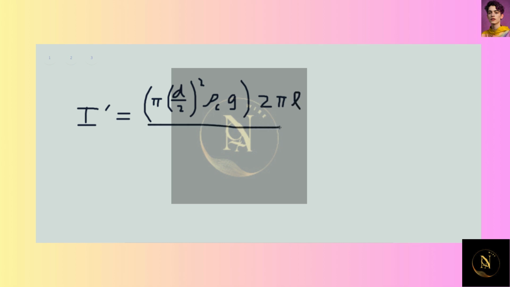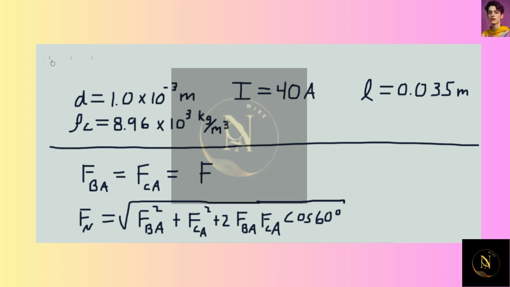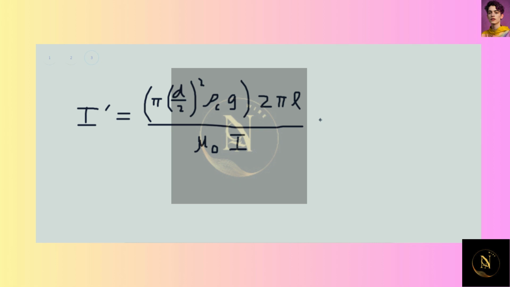Then we divide by everything but I prime that was in the numerator on the left side of the equation. So this is going to be mu naught, where mu naught is the magnetic permeability of free space. It's 4 pi times 10 to the minus 7 newtons per ampere squared. You can look that up if you want to know more about that constant. And then this gets multiplied by the current in each of the two wires, I, which, if we go all the way back, was 40 amperes. So plug these values into this expression. We find that the I prime current is 173 amperes. And we can go ahead and box that in as the solution to our question.